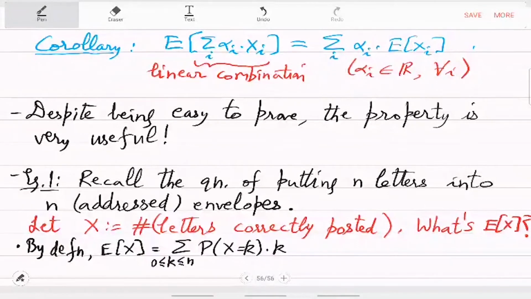So, 0 also, because maybe no letter was posted correctly, and that probability, recall, we have actually evaluated and it came out to be a complicated expression. It was something like in the limit 1 over e, but otherwise in general it was quite complicated. So, computing these probabilities is not easy, and hence this expectation also looks a lengthy calculation.